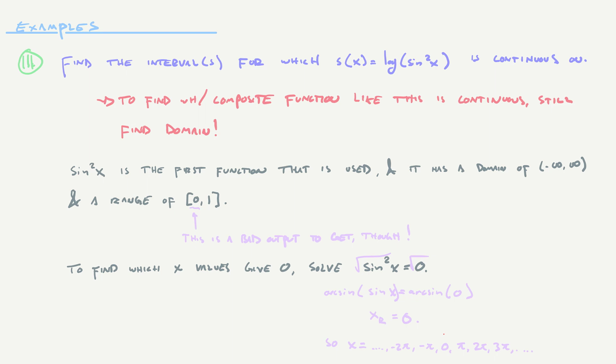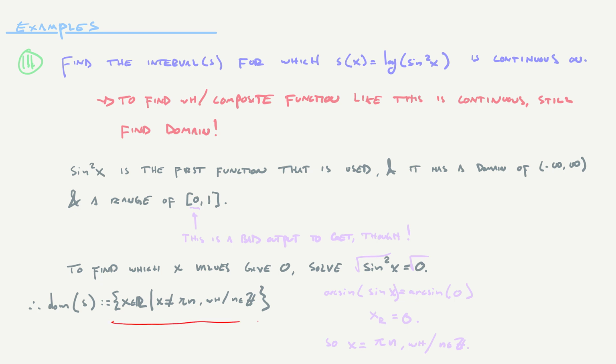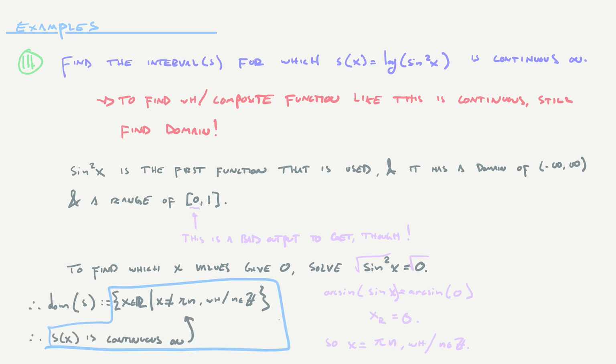A way to consolidate this is to say x can't be equal to pi n, where n is an integer, and that's our domain. I wrote it in set builder notation this time instead of an interval because there'd be infinitely many intervals. Basically, x is all real numbers such that it's not some kind of positive or negative multiple of pi. And since that's the domain, that's where the function is going to be continuous.